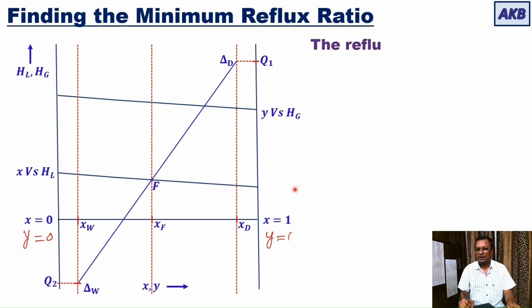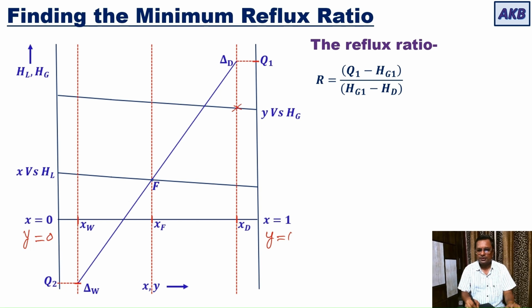And all the other points, I have just discussed how those points are located on the enthalpy concentration diagram. Now, the reflux ratio we know is given by this equation: R is equal to Q1 minus Hg1 divided by Hg1 minus Hd, where Q1 is the y coordinate of the point delta D. Hg1 is the y coordinate of this point, and Hd is the y coordinate of this point.